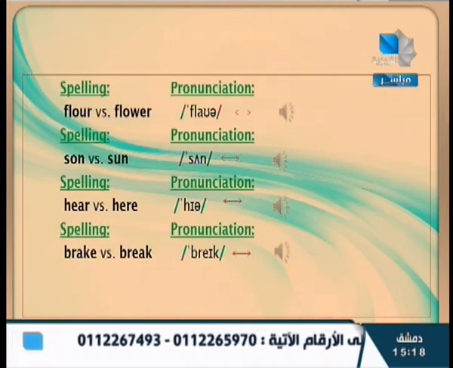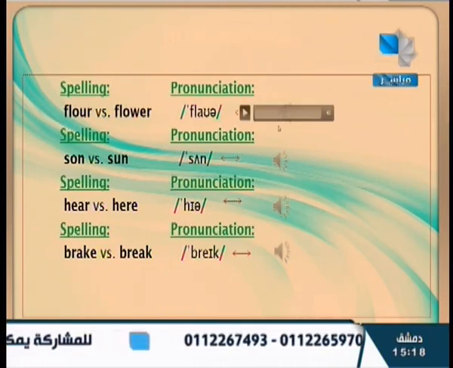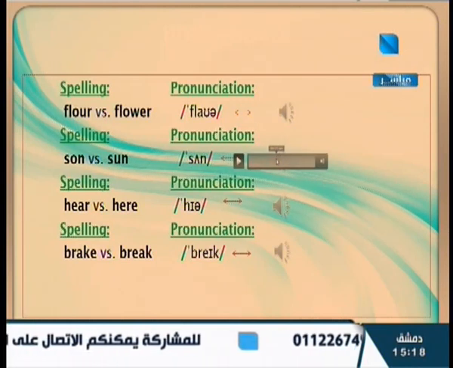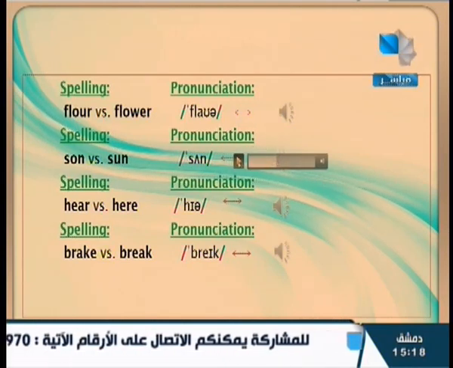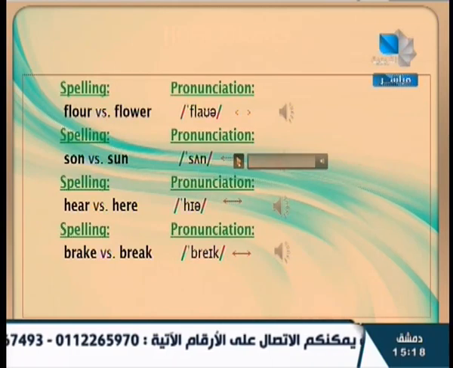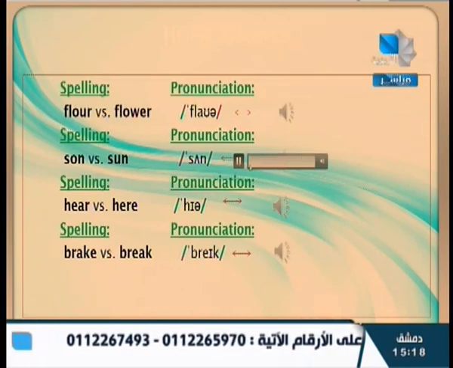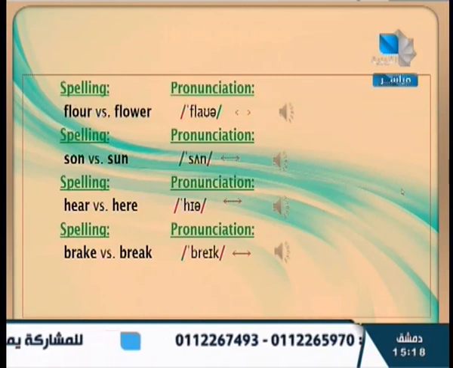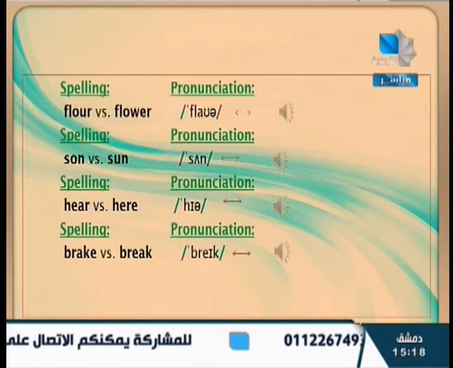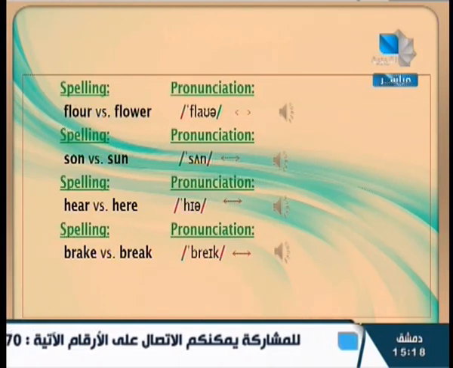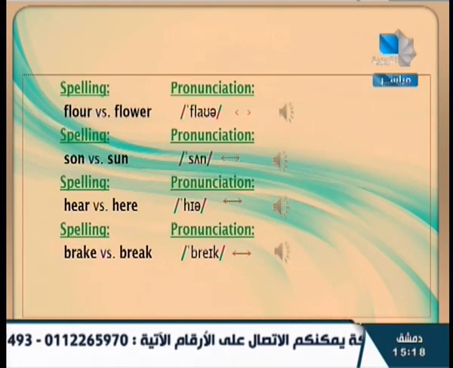The first one is a male child, while the second one is the star that lights the earth. The third pair: the first one is a verb to perceive sound, and the second one indicates a position or a location.